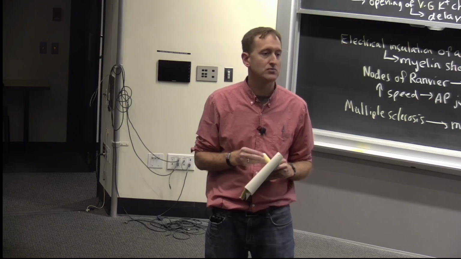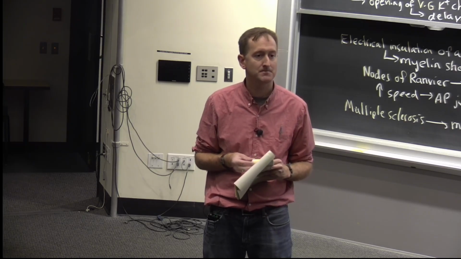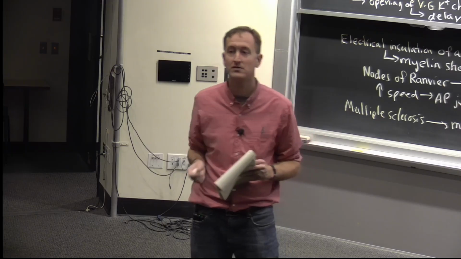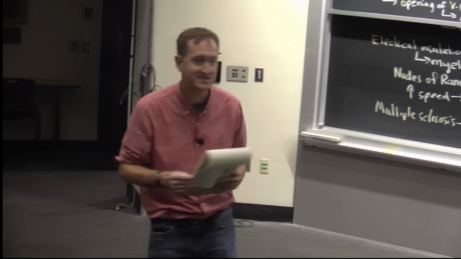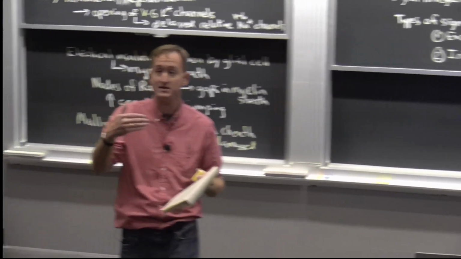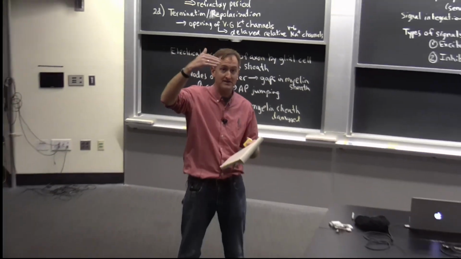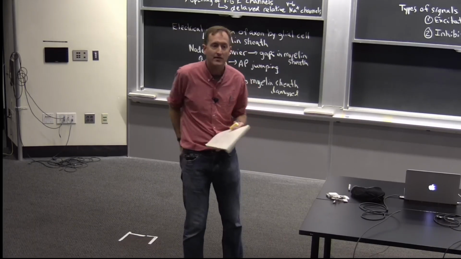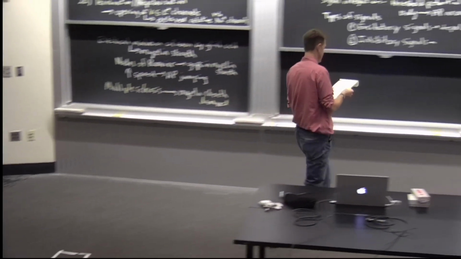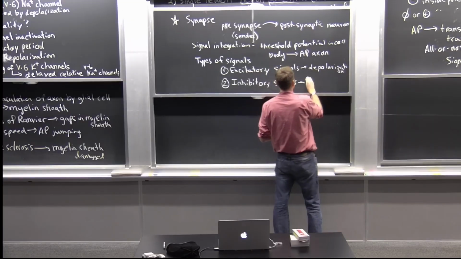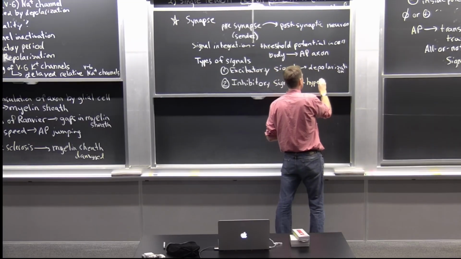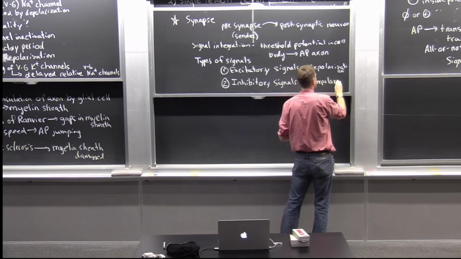What ion would you expect it might pass? Udo. Potassium. Udo is exactly right. If it passes potassium, then it's going to make the inside more negative, and that's what's known as hyperpolarization. So receptors that result in hyperpolarization would have an inhibitory effect on this process.